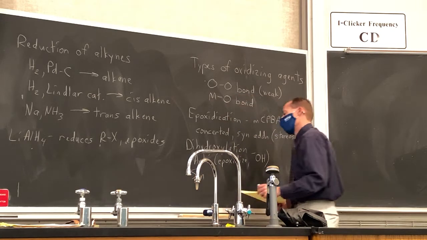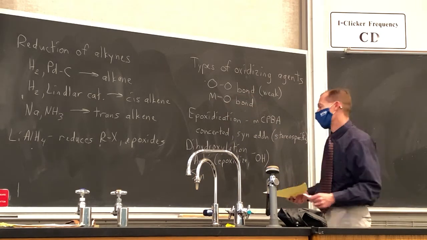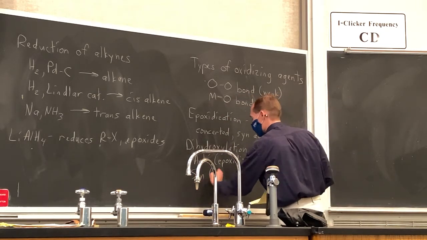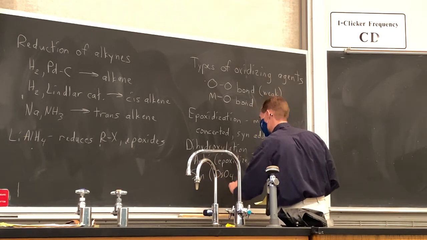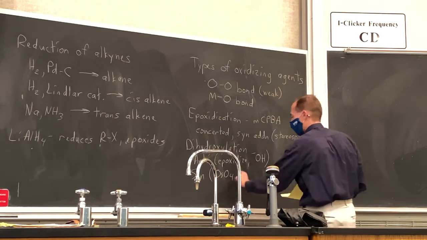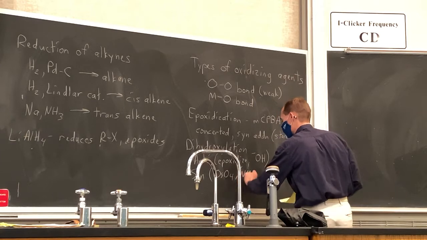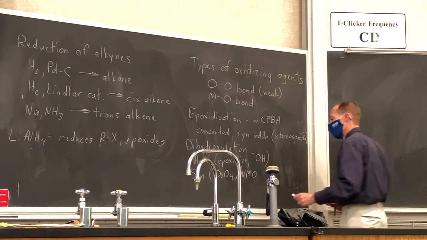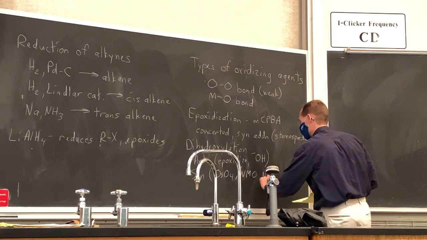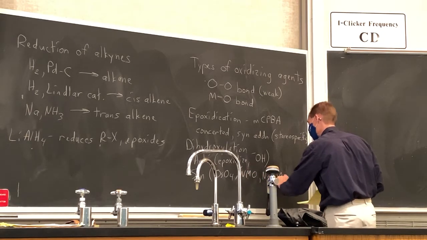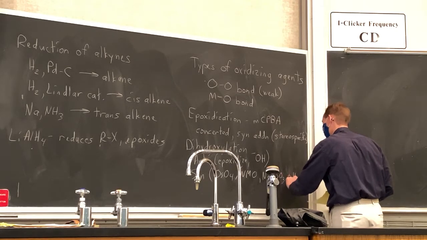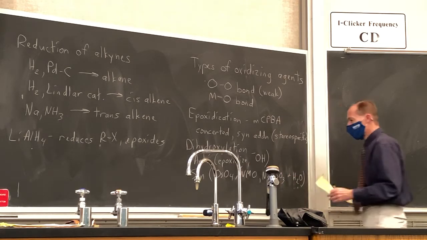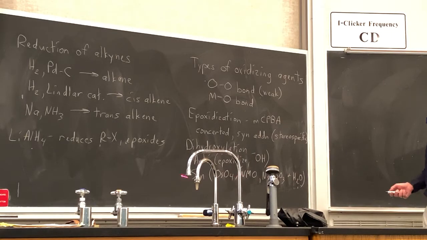And then if we need to perform a syn dihydroxylation, that's where we use osmium tetroxide. I told you to do that in combination with NMO, which is a stoichiometric reoxidant. And then you use NaHSO3 and water. The entire mechanism of this syn dihydroxylation is complex, and so we only taught you the first step.